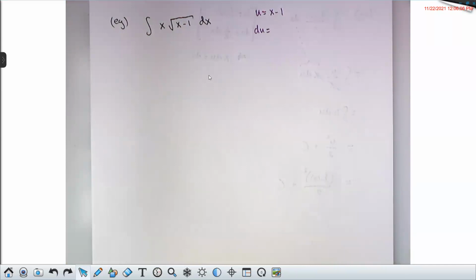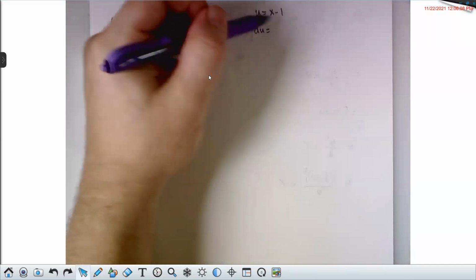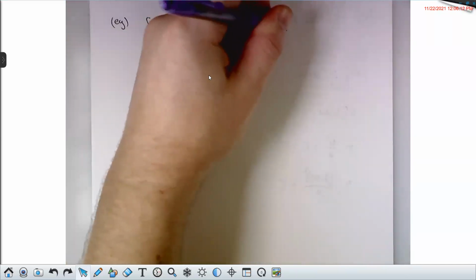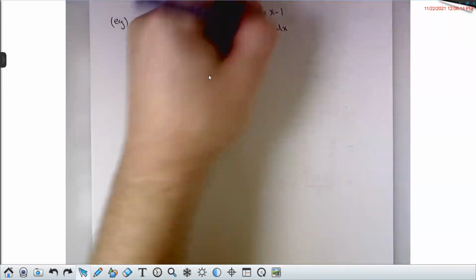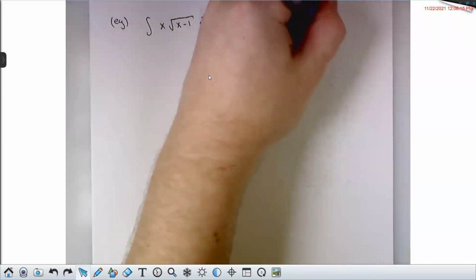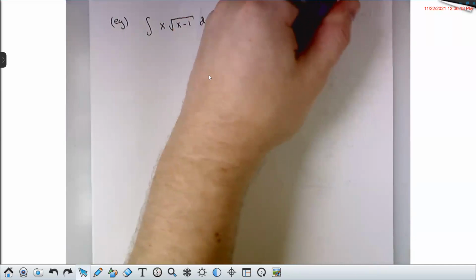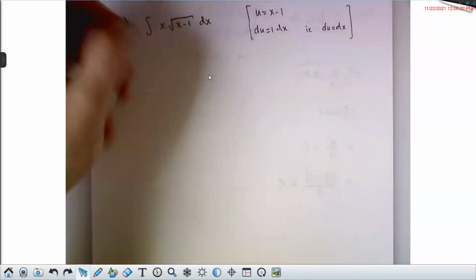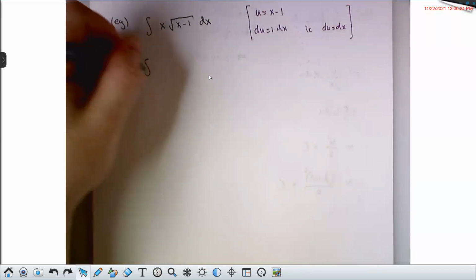One. Yeah, the derivative of x minus 1 is just 1. So this would be 1 dx. In other words, du is equal to dx. So this will become the integral.